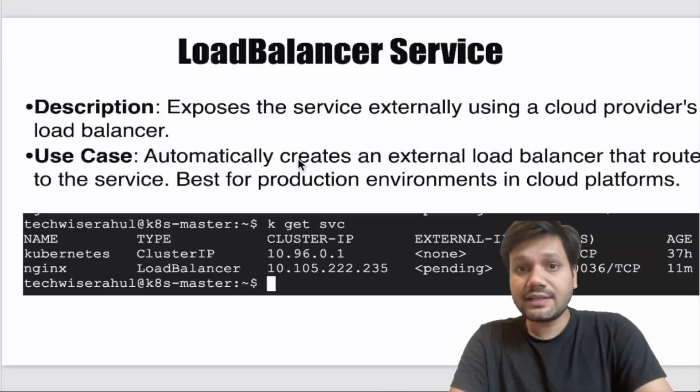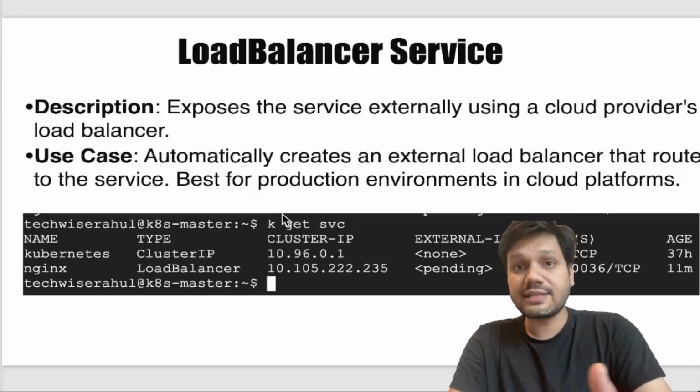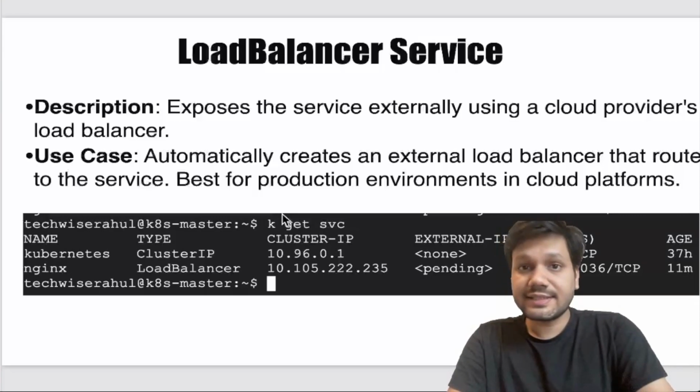As we have seen in the snapshot I have attached for the load balancer service, the same application which I exposed as a ClusterIP service, then as a NodePort service, and which is running inside a pod, I just exposed as a load balancer service. This is the cluster IP associated with that service, and the external IP, as you can see here, is showing as pending.